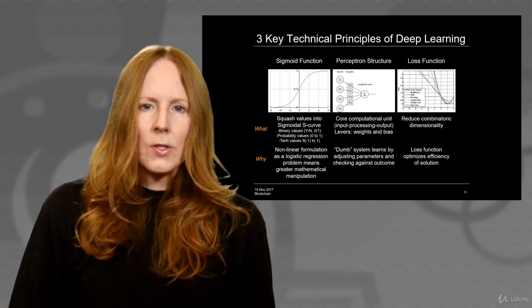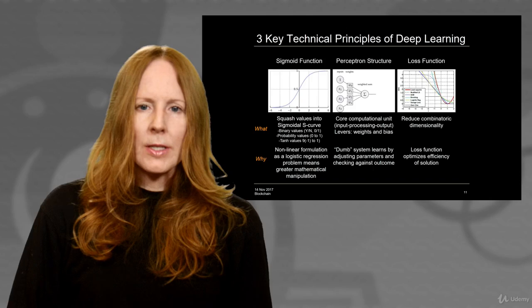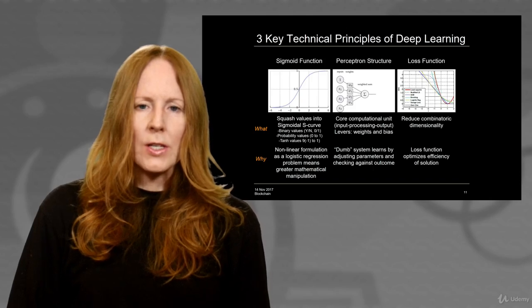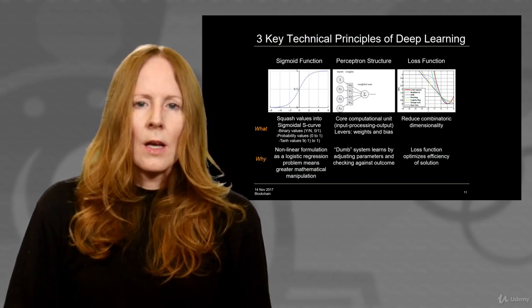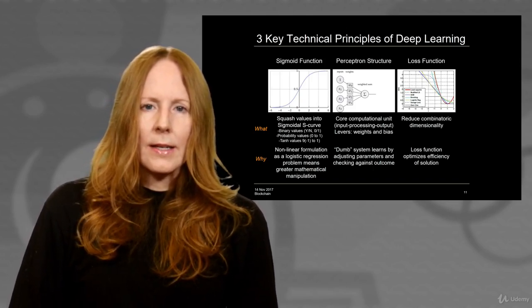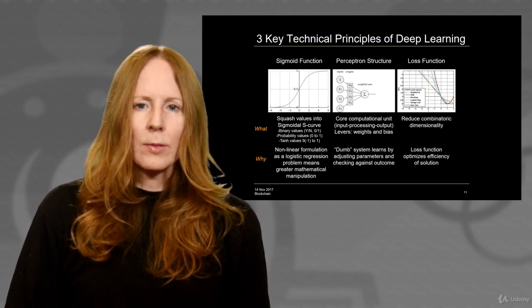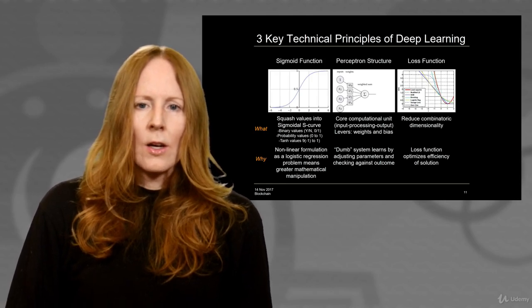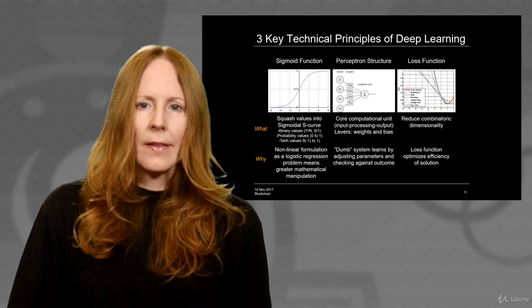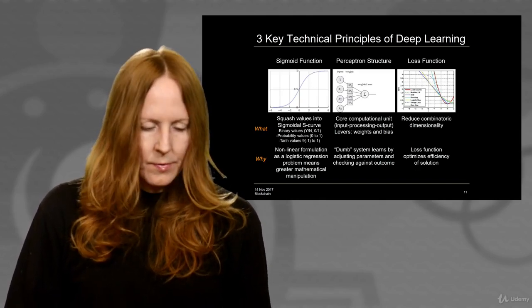But the perceptrons are purely modular, Lego-like bricks that we just build up into millions or billions of them in different tiers of computation across the system, where the dumb system learns by adjusting the parameters and checking against the outcome. The third key technical principle of deep learning is the loss function, where we use calculus to reduce combinatoric dimensionality, particularly a loss function to optimize the efficiency of the solution.